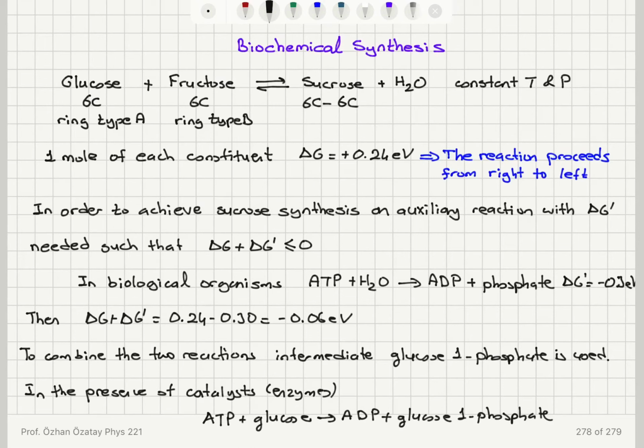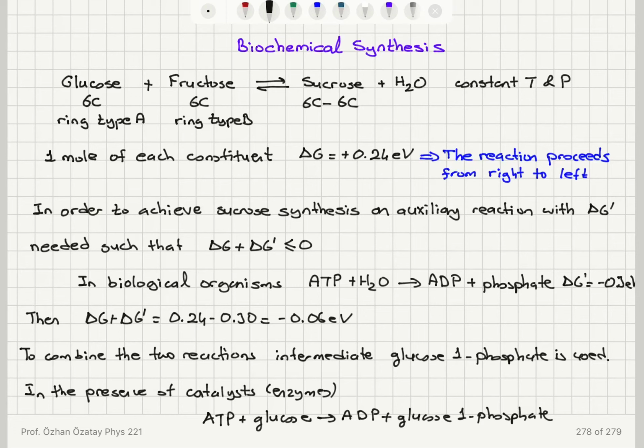If we have a process that is going to produce a more ordered macromolecule at the end of the biochemical synthesis, we must have auxiliary reactions that make sure that the overall change in the Gibbs free energy is negative, or basically, equivalently, the total entropy of the universe is increasing.